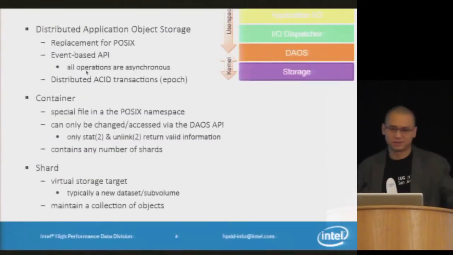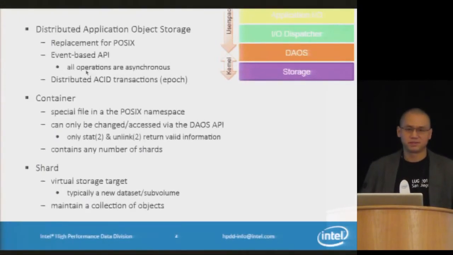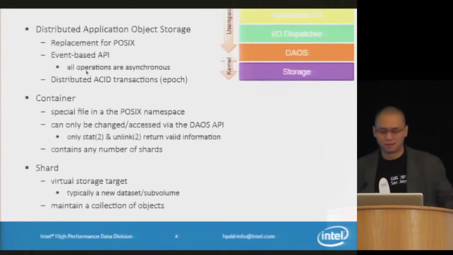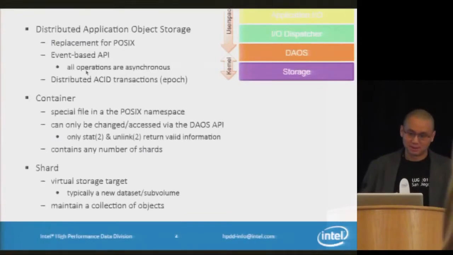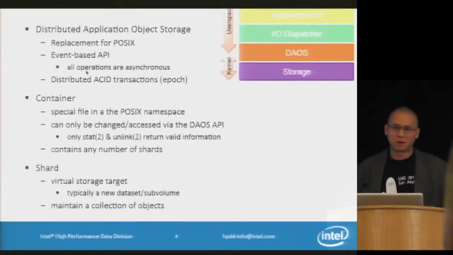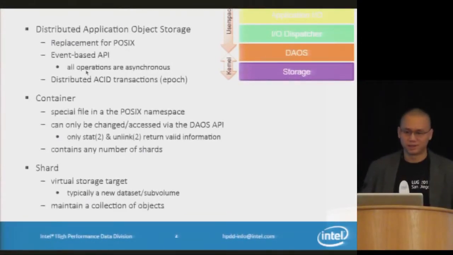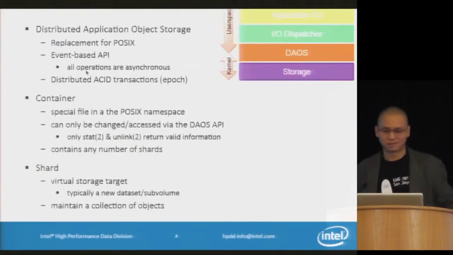So DAOS, as Johann said, is a part of the DOE Fast Forward IO project, and we hope it can be the evolution of Lustre for exascale computing. Briefly, DAOS is a scalable, transactional, globally shared, distributed object storage system, all fancy words together.